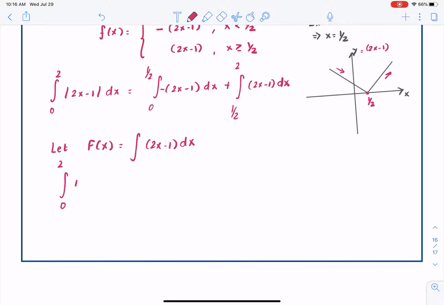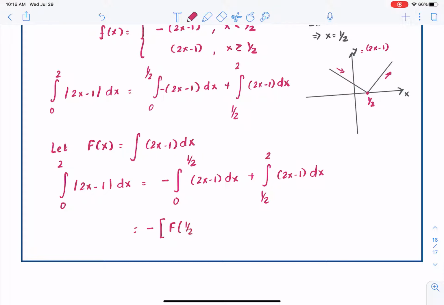So the integral from 0 to 2 of the absolute value of 2x minus 1 dx would simply be equal to minus the integral from 0 to 1/2 of 2x minus 1 dx, plus the integral from 1/2 to 2 of 2x minus 1 dx. So minus F of 1/2 minus F of 0, plus F of 2 minus F of 1/2.